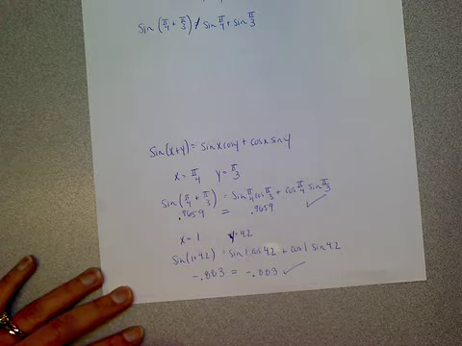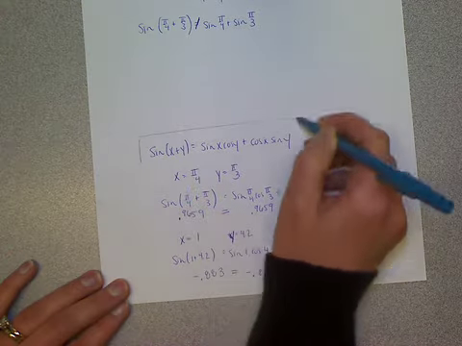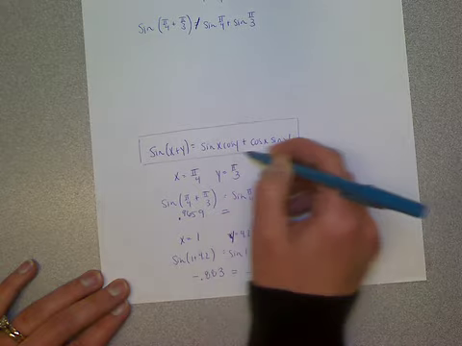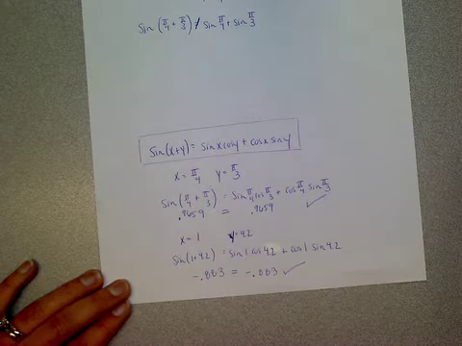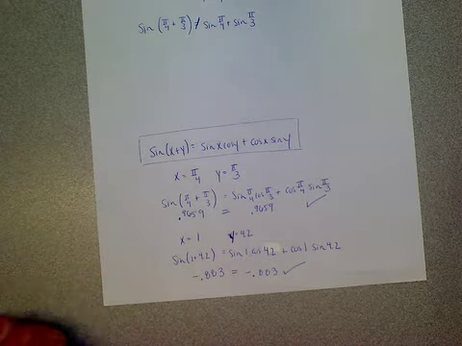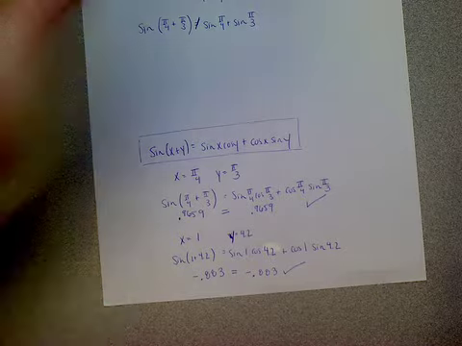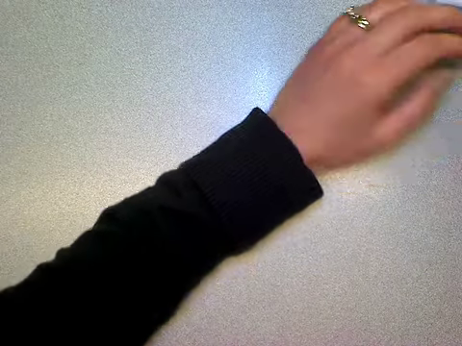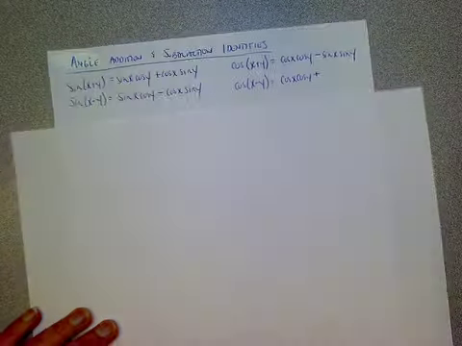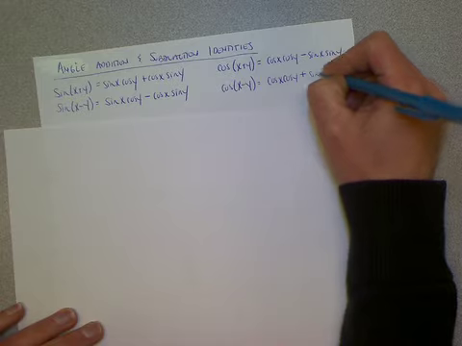So this is just one of our identities from 9-2, our angle addition identity. We also get the cosine addition identity, and we also get the sine and cosine subtraction identities. So all in all, those four identities look like this.